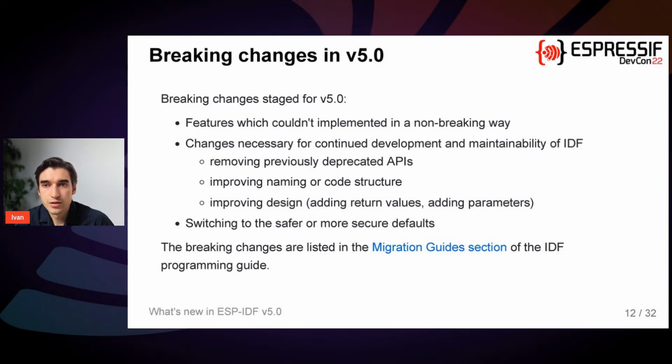So putting the breaking changes and the migration instructions for those changes into the programming guide hopefully will allow you to find how to upgrade to this release easier. We will continue maintaining this migration guide section in the future, and in the programming guide you will be able to find entries, for example, migrating from IDF 4.4 to IDF 5.0, migrating from IDF 5.0 to 5.1, and so on.